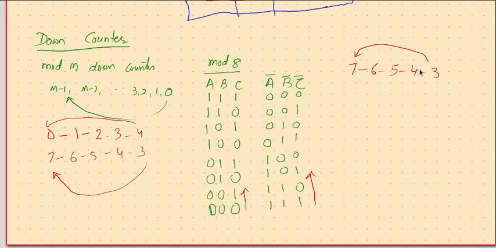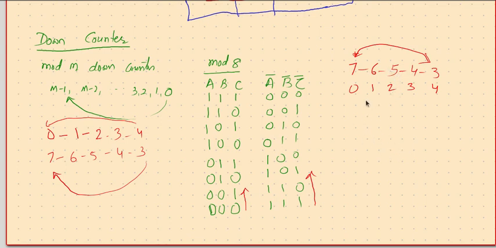You create this and take its complement, then it says 0, 1, 2, 3, 4. Done. So instead of creating this loop, you create the reverse loop: 3, 4, 5, 6, 7, 3, 4, 5, 6, 7.